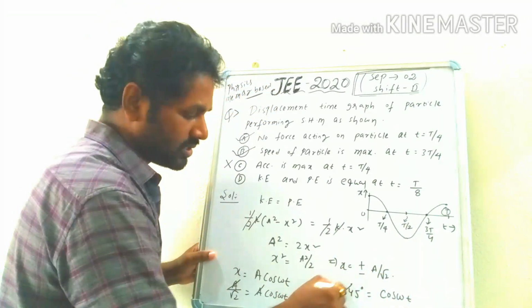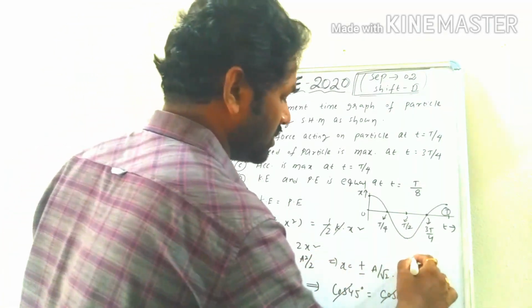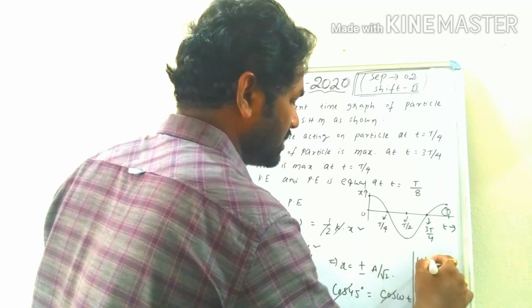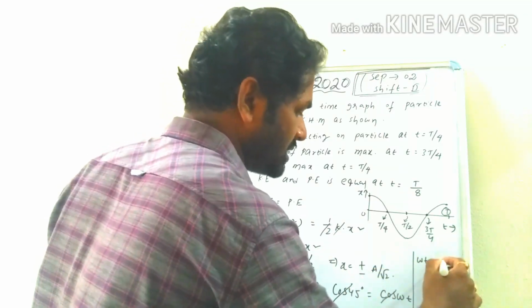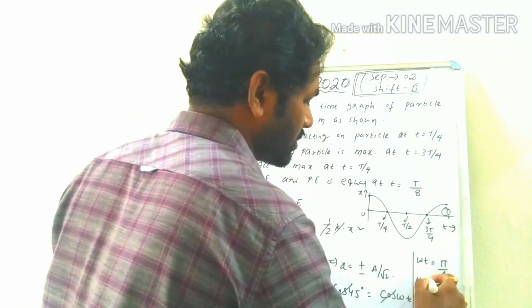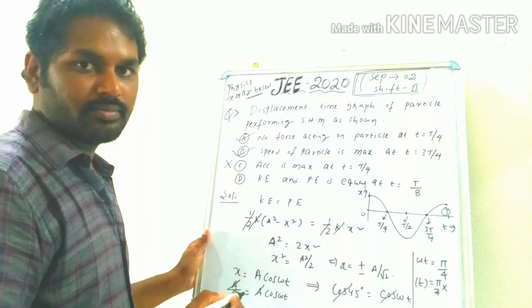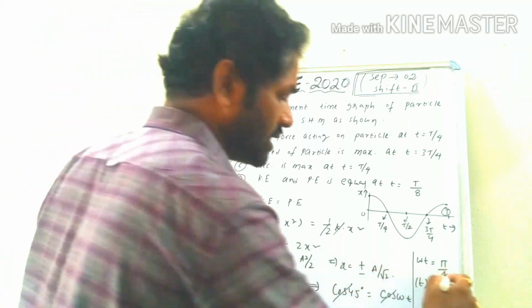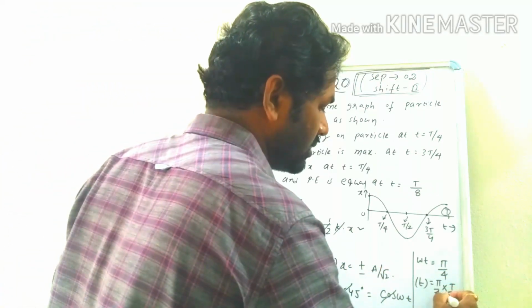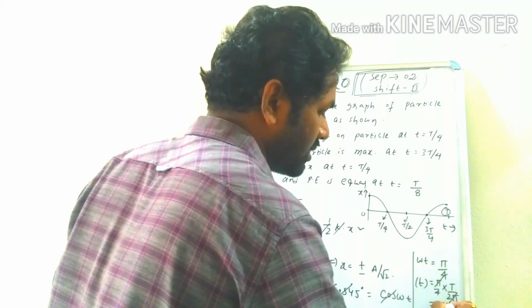Then we can cut the cos terms on both the sides. Finally, we have omega t is equal to 45 degrees. In radians, we can write pi by 4. And t is equal to pi by 4 into 1 by omega, which is nothing but T by 2 pi. So pi gets cancelled. We are getting T by 8.